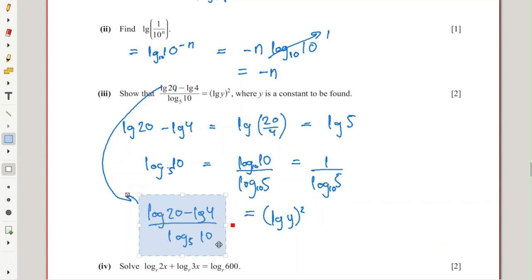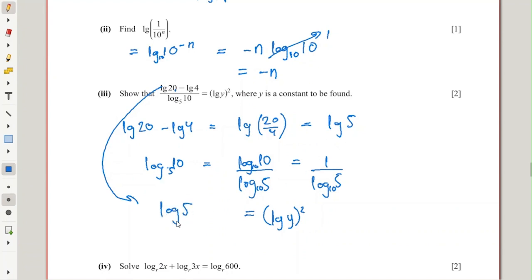So the numerator, don't forget that your numerator is what? Your numerator is log 5. Let me use LG. And your denominator is 1 over log 5. This is the same as log 5.